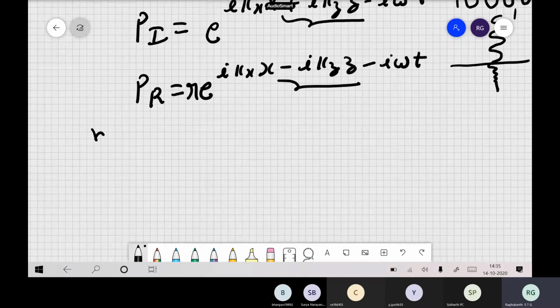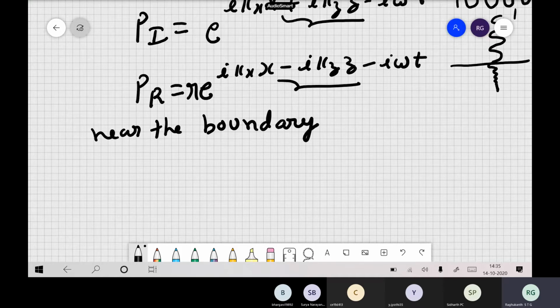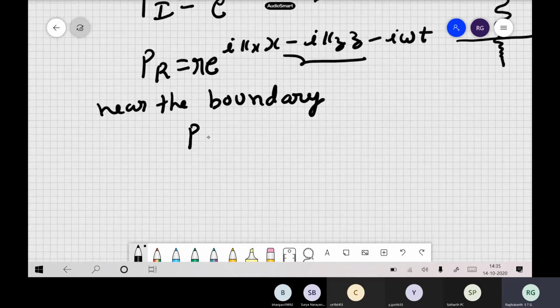Now near the boundary, we are looking at Pi plus PR. This has to satisfy the boundary equation and the interior equation.